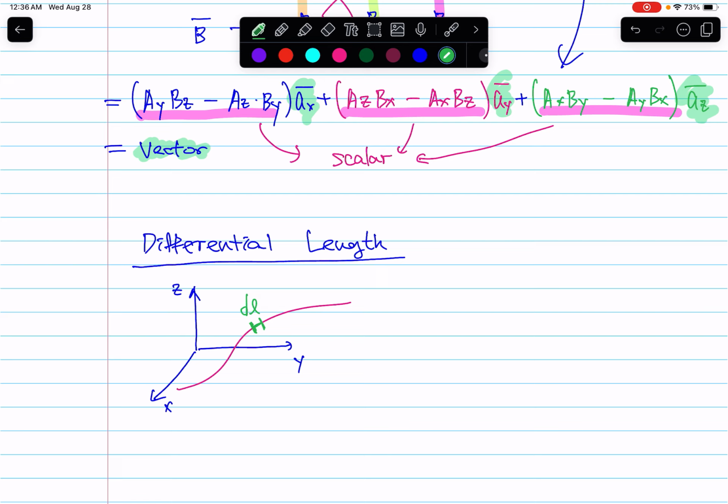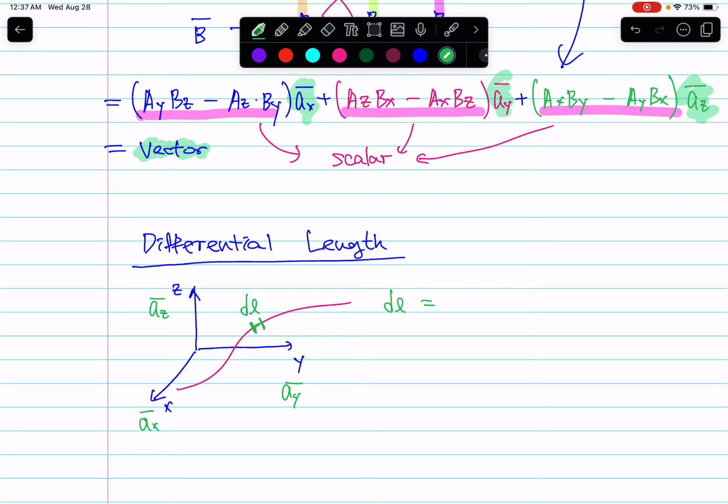And the expression for dl will consist of three components, right? Because in this case, we have ax, ay, and az as the three base vectors.